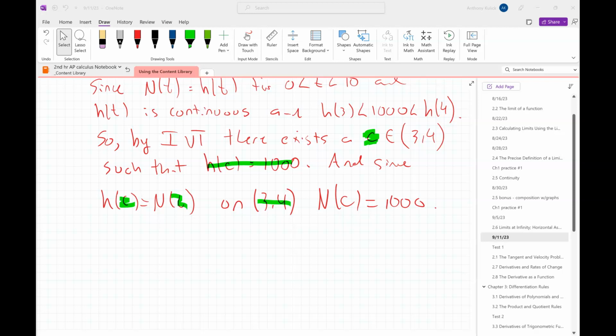But the level of questions on the first one is very similar. You'll see questions where you're given a table and asked to do a limit, or given a graph and asked to find the limit, stuff like that. Does that make sense? Yeah. Okay.